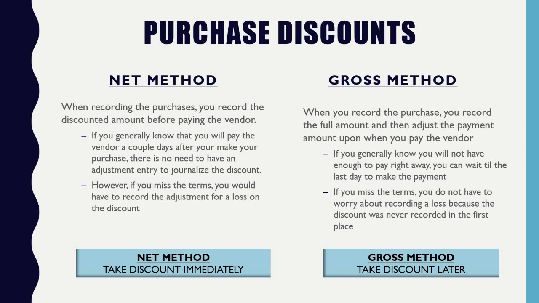Now, the gross method is where you record whatever original price they billed you. The idea here is that you may or may not be able to pay within those terms, depending on your company. Maybe you have other priorities.